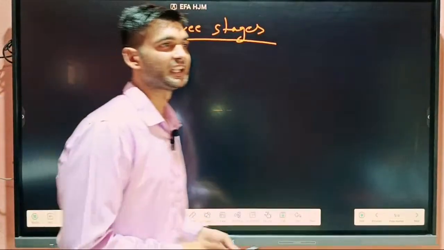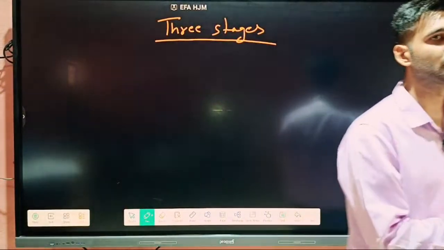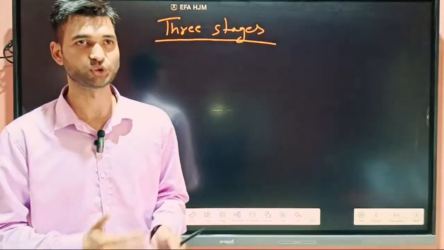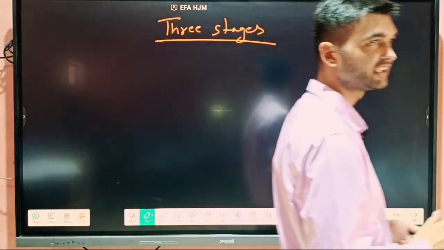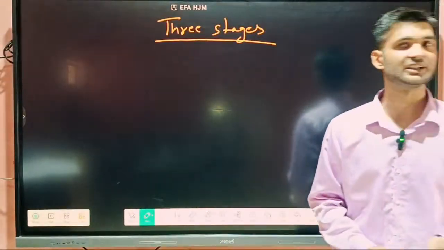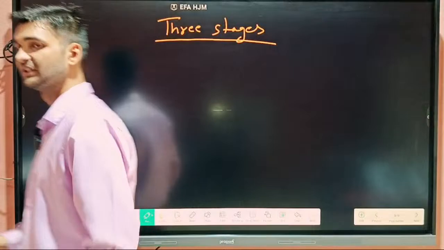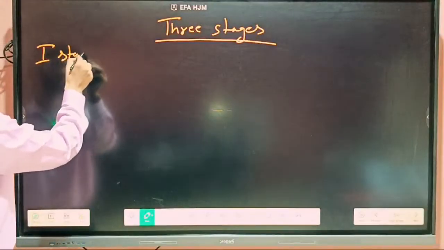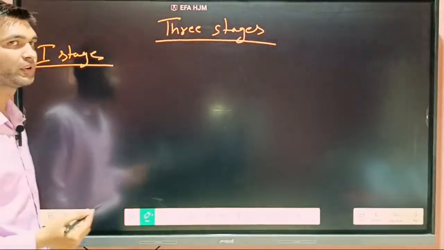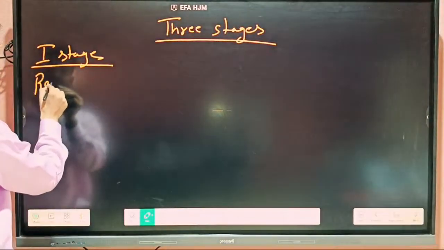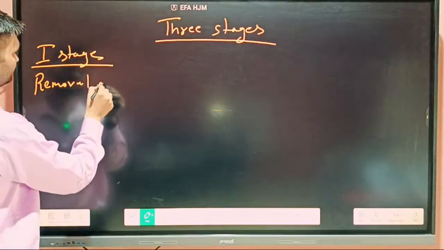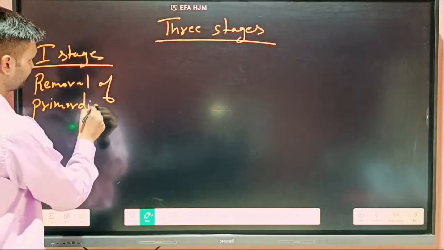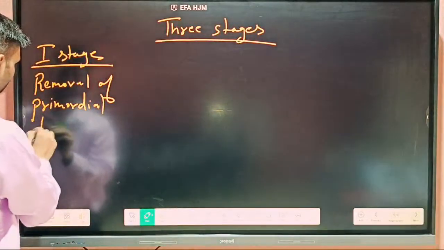So the first stage includes removal of that thin atmosphere by solar flames. The flames from the sun, the solar flames that came from there, removed the earlier thin atmosphere. So stage first: removal of the primordial, thin atmosphere.